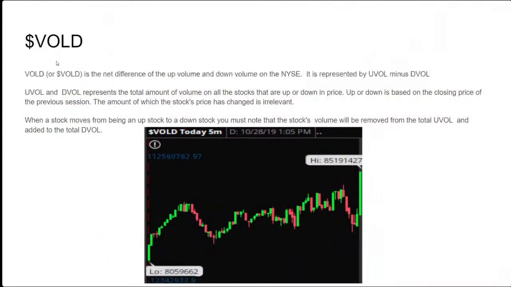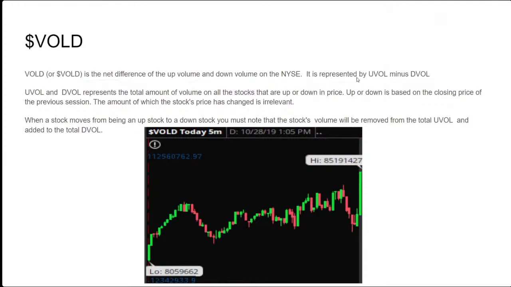The final and last market internal to go over is the VLD. You can find this on TOS, $VLD. Just type it in the box. And this is the chart of what it looks like. The VLD is the net difference of up volume versus down volume on the New York Stock Exchange.